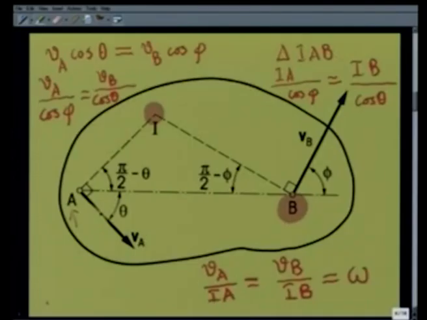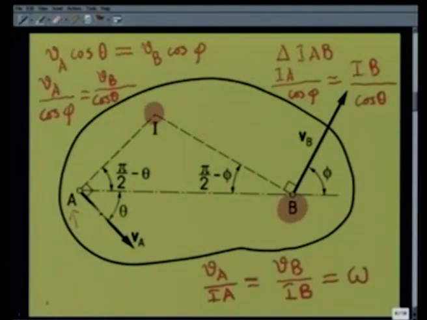So, Va is Ia into omega and Vb is Ib into omega, and the velocity vectors Vb and Va are by construction perpendicular to the direction of Ia and Ib, which means I is the center of rotation. At this instant the body is rotating about the point I with angular velocity omega.